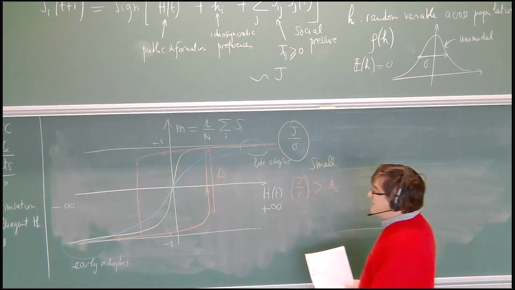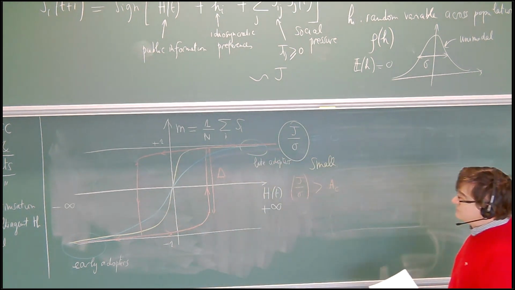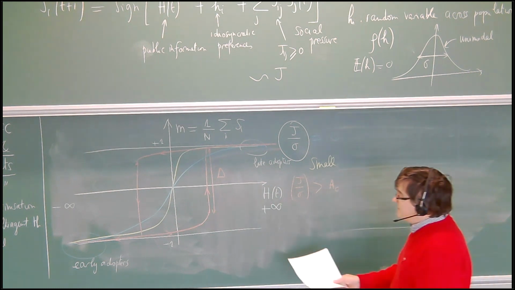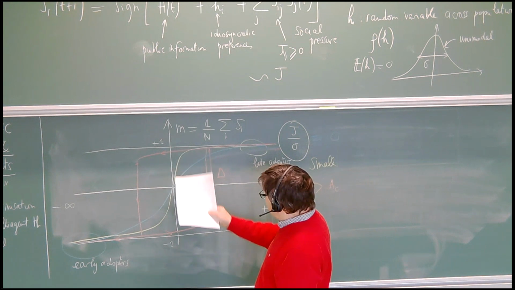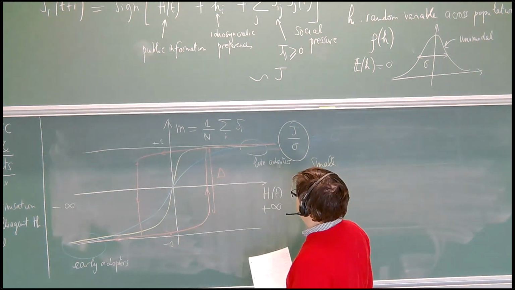So there's a region here where what's called in physics a hysteresis loop, which is a very interesting phenomenon. This hysteresis loop happens because for the same value of H, there can be more than one equilibrium state.